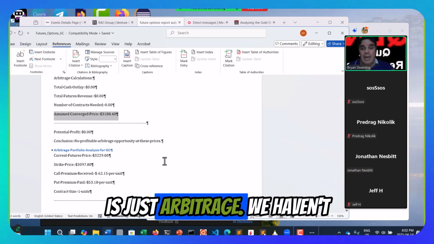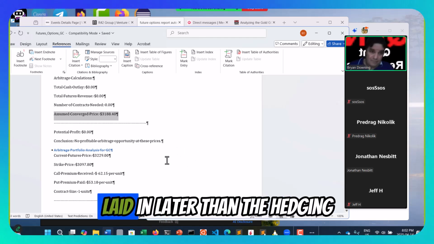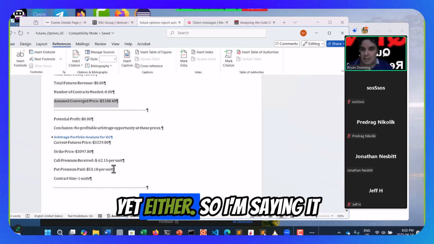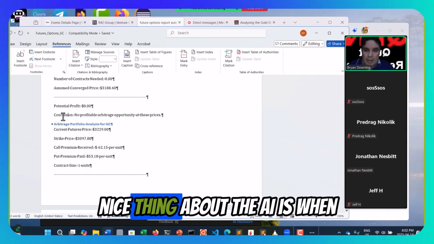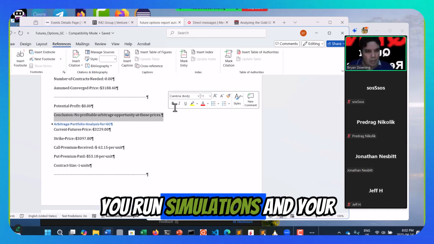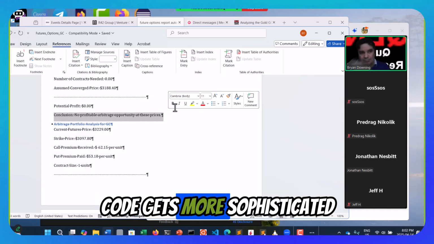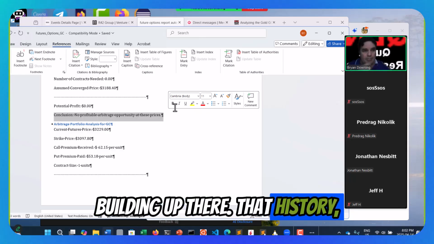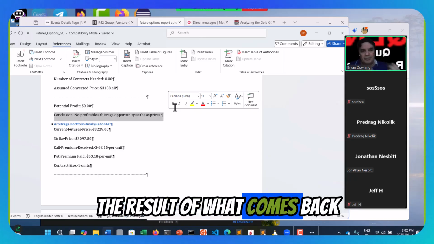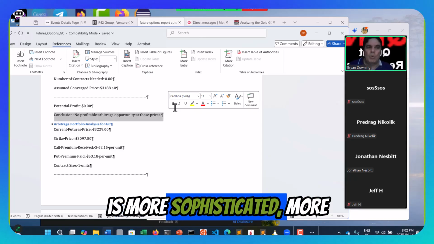And this is just arbitrage. We haven't layered in the hedging yet either. So as I said, it can get fairly sophisticated. Now, the nice thing about the AI is when you run these simulations and your code gets more sophisticated and the AI gets to know and you're building up that history, the result of what comes back is more sophisticated, more enhanced.